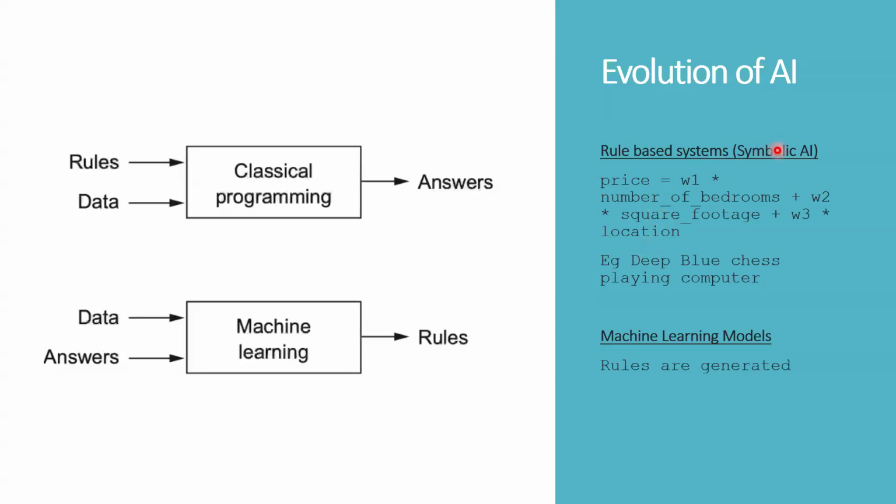Okay, so in symbolic AI or rule-based AI, what we used to do is create rules such that price is equal to W1 times number of rooms, and so on. These are weights, basically W1, W2, W3.